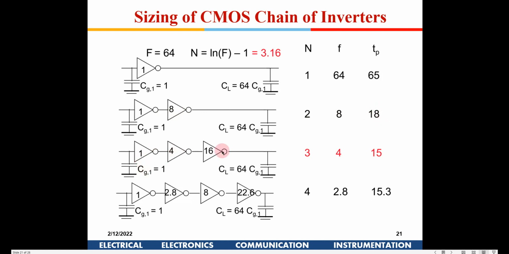And now when he used n equal to 3, then f comes out to be around 4 in this particular case, and the delay is around 15. Again, if you increase n, then f comes below that, but the delay starts increasing. So when you have a chain of inverters, we have to keep the small f close to 4.